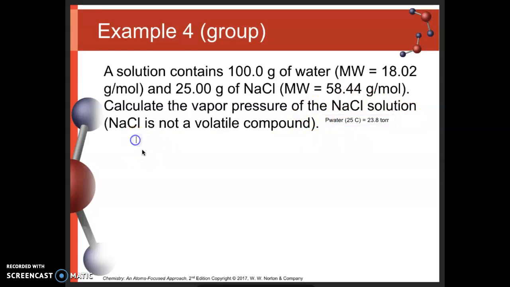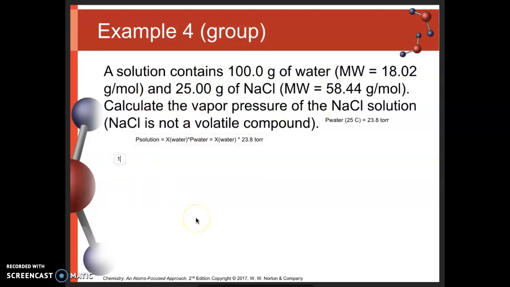Now, to find the pressure of the solution, I need to know the mole fraction of water and multiply it by the pressure of water, which we just established as 23.8 torr. So what we need now is the mole fraction of water. To find it, I need the number of moles of water and the number of total moles.